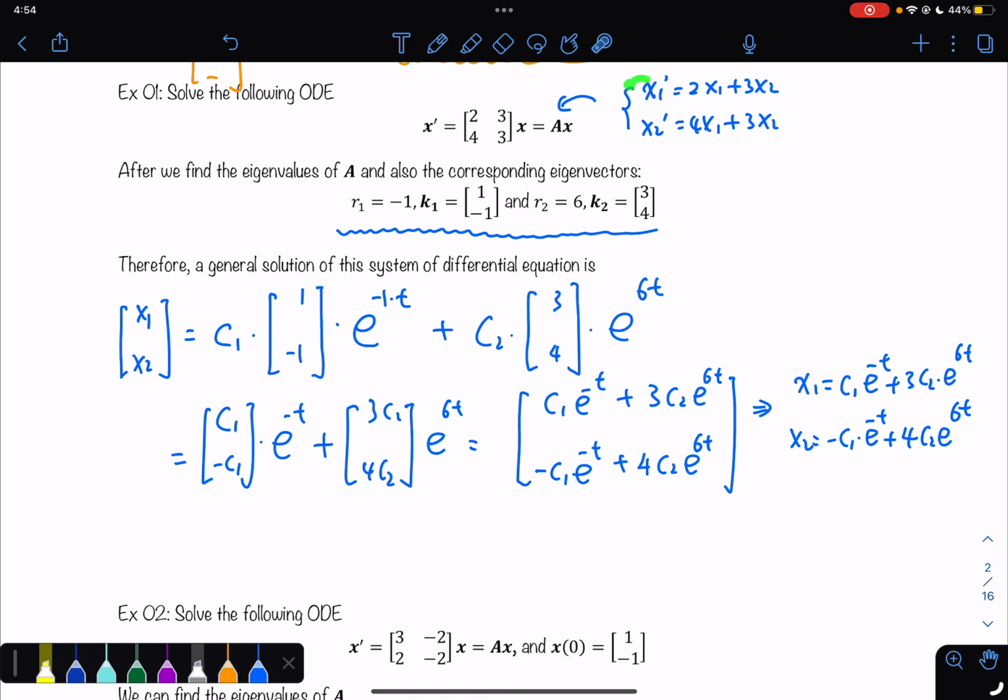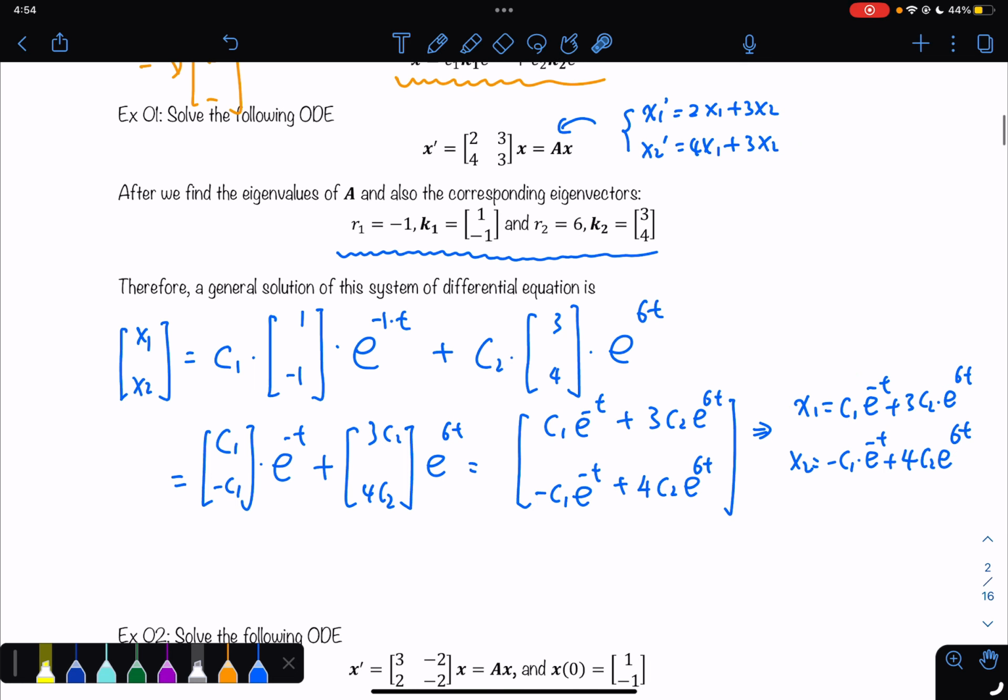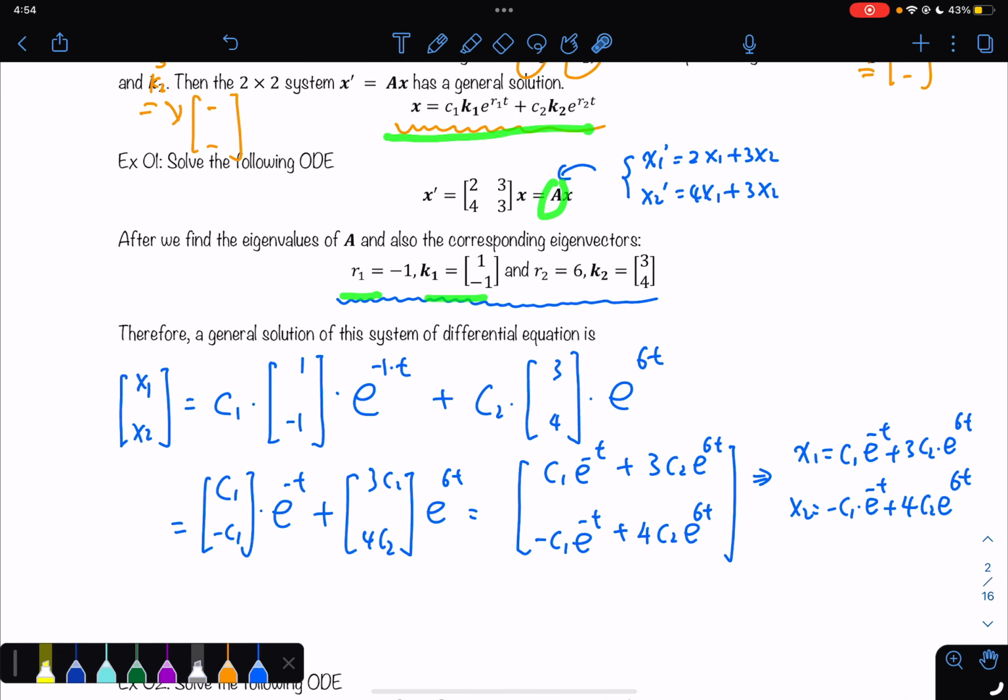So for the system I tried to solve, I'm going to get the solution as that, but I didn't solve it directly. What I did is I changed my system into a matrix format, and then I knew the coefficient matrix. I found the corresponding eigenvalues and eigenvectors of the coefficient matrix, and I used the property of eigenvalues and eigenvectors to write out the vector format of my solution.